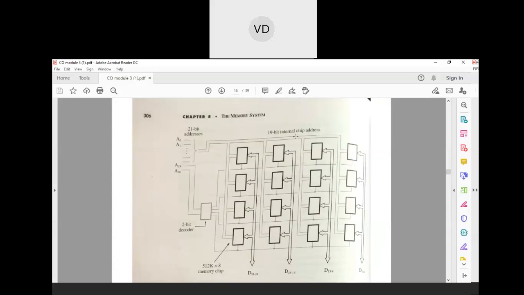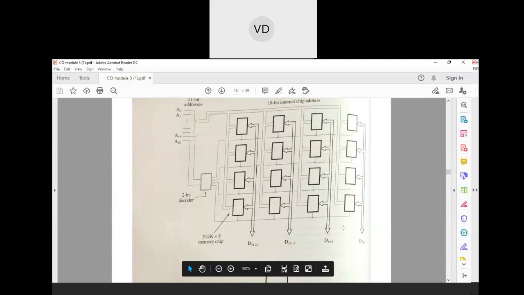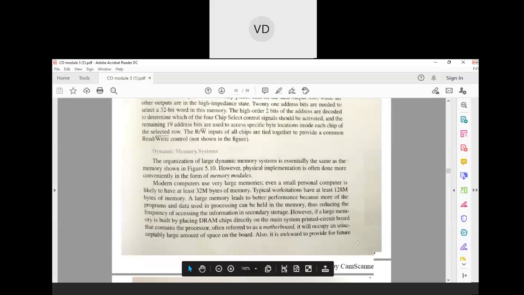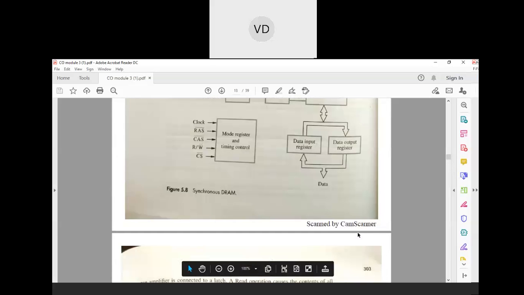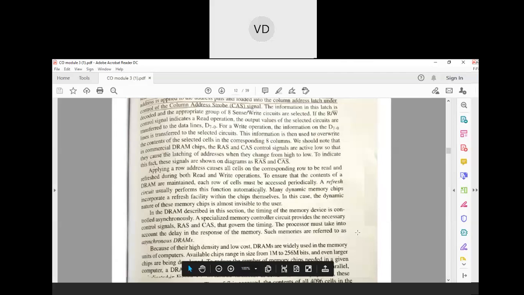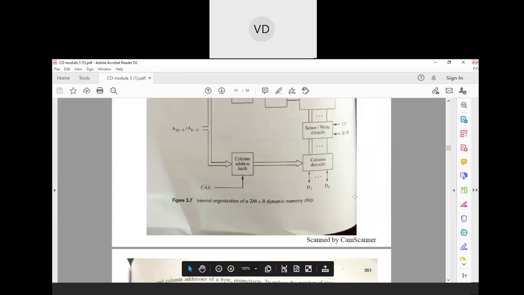We had transferred only 8 bits till now, D0 to D8, meaning only 8 bits of data were transferred.